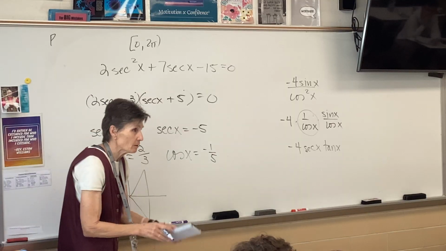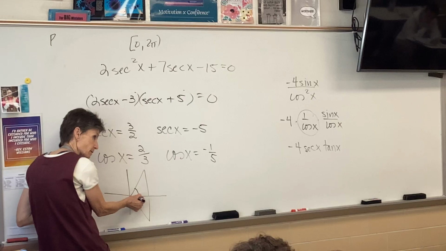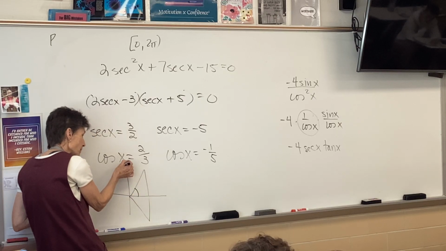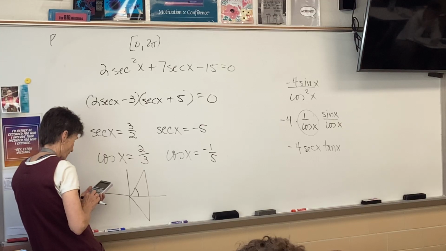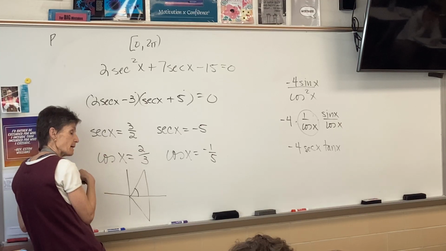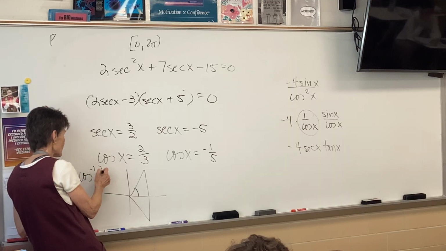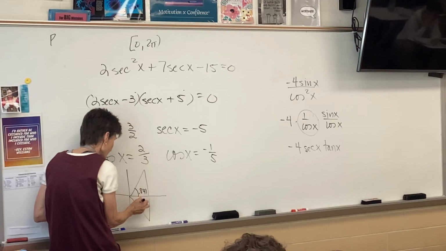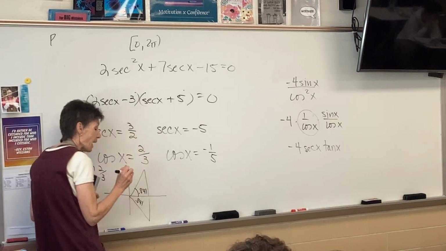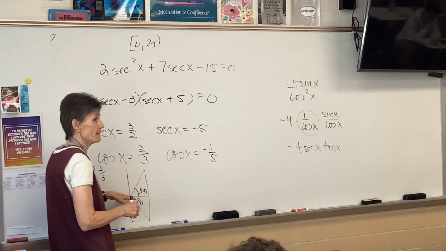Now I'm going to go to my calculator and find this angle right here. How am I going to find that angle? What am I going to type in? Second cosine, 2/3, and I get 0.841. So I have 0.841 in quadrant 1.